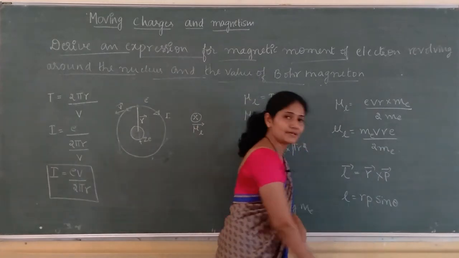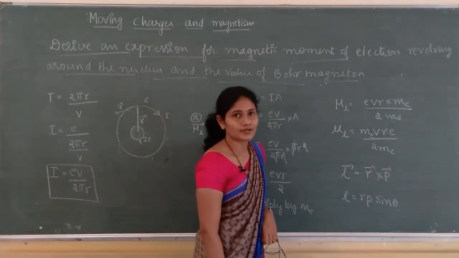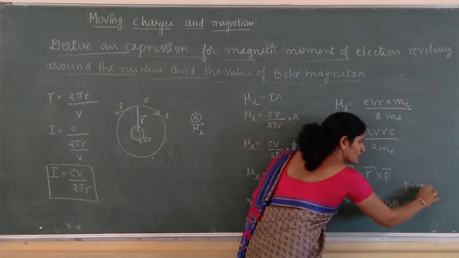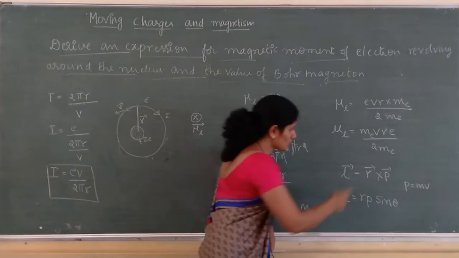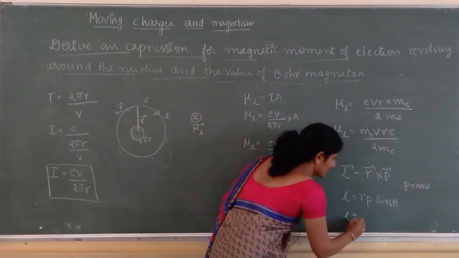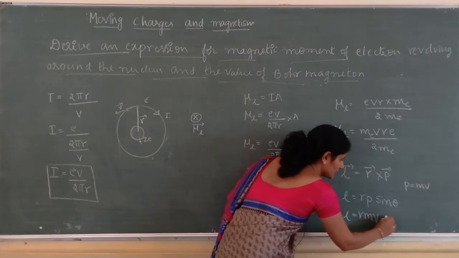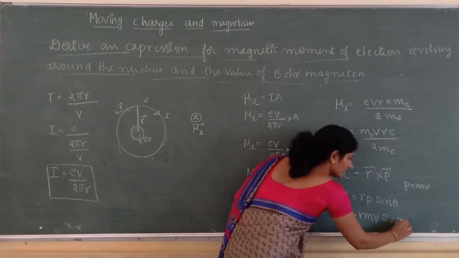What is p? p is the linear momentum, which is the product of mass and velocity. So, on substituting we get L is equal to r, p is nothing but m into v, sin theta.